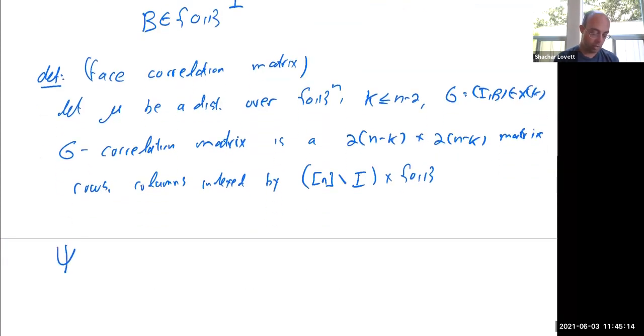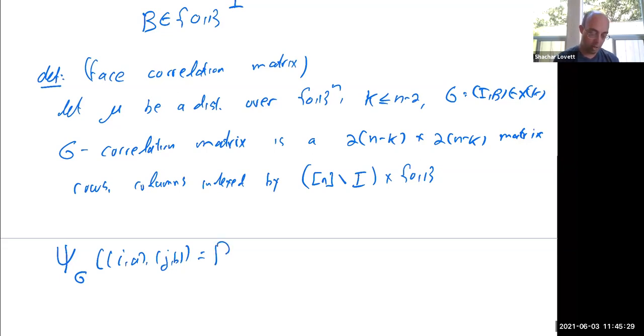And the correlation matrix entry at (i,a), (j,b) is exactly the same as before, except that now we're also conditioning mu to agree with this partial coloring sigma.